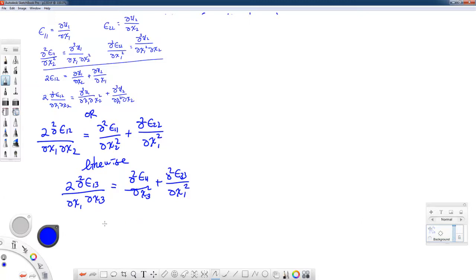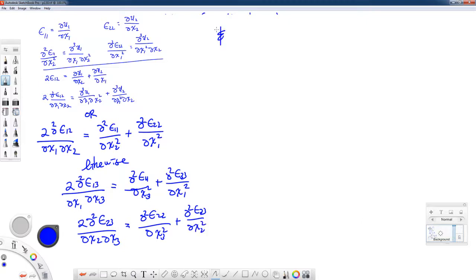Let me check, make sure I didn't get off on the wrong line here. I think that one's okay. And then the next one, 2 times the second partial of epsilon 2,3 with respect to x2 and x3 is equal to the second partial of epsilon 2,2 with respect to x3 twice, plus the second partial of epsilon 3,3 with respect to x2 twice.